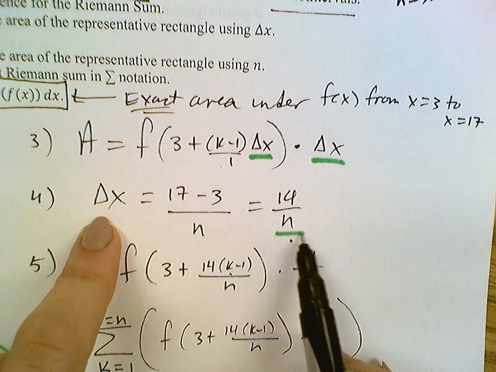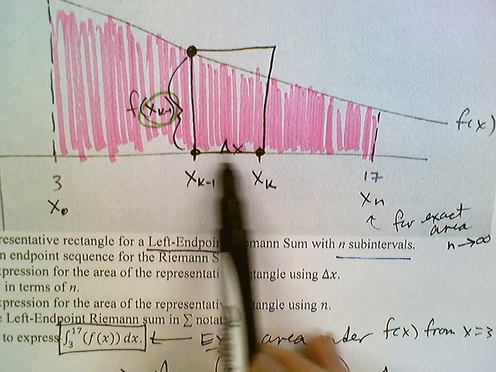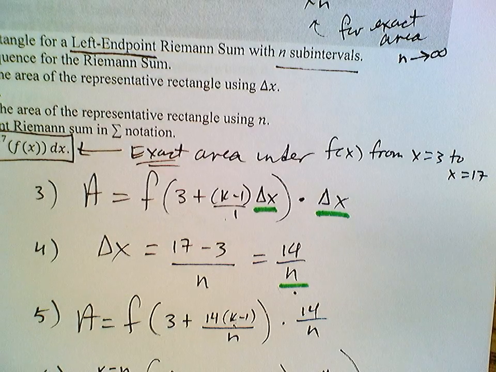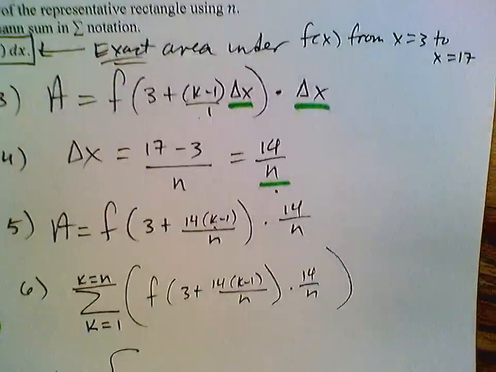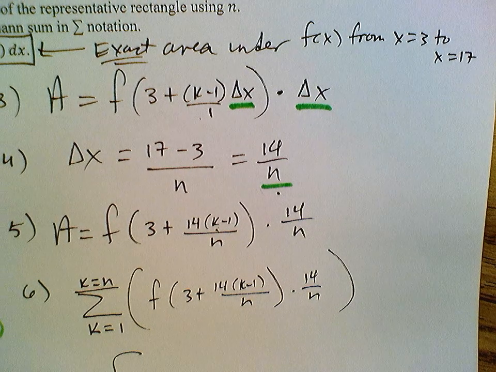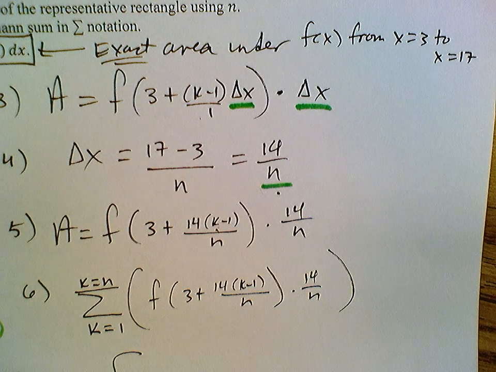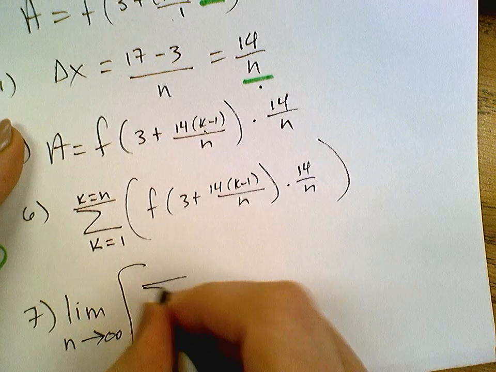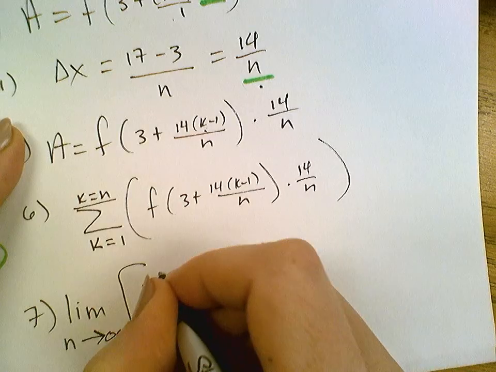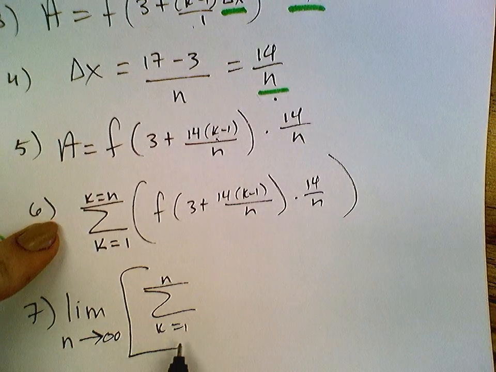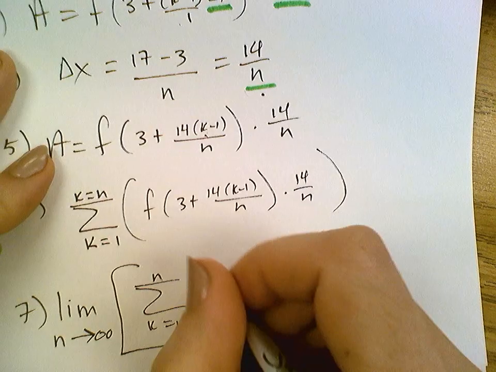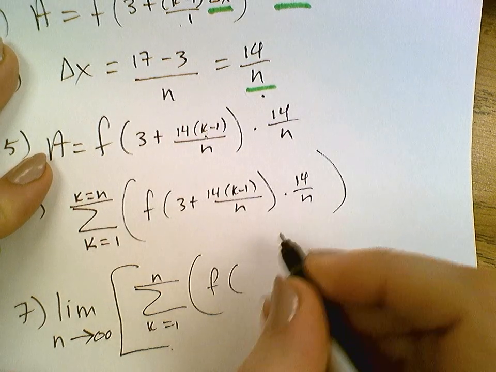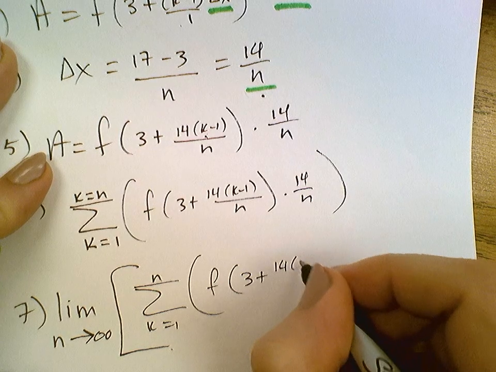Delta x, which is the length of the base of the rectangle, is going to 0, because those are infinitely small base rectangles. k equals 1 up to n. They usually don't say k equals n. It just goes k equals 1 all the way up to n, but it's implied, something you're plugging in for k.